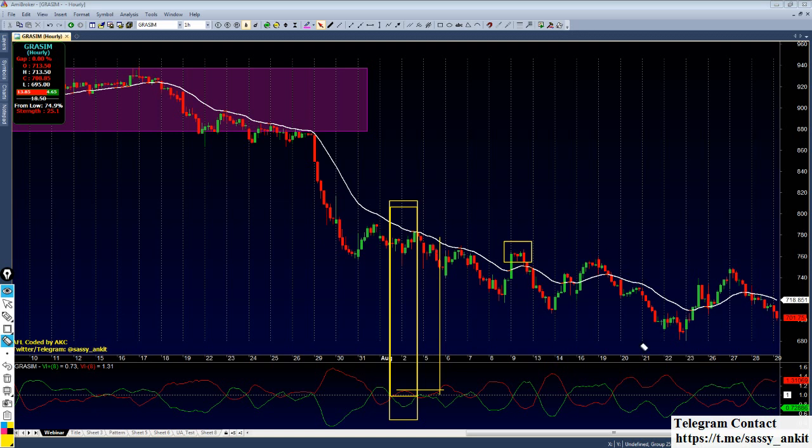So this is one of the methods which I used to use in my early days. Nowadays I am not following this, but this still works, I know. So this is the way you can approach the vortex.